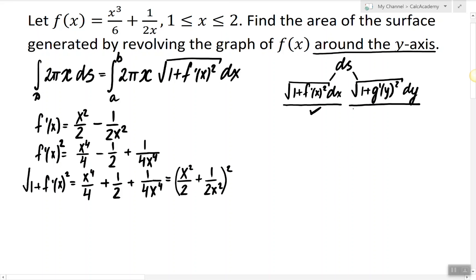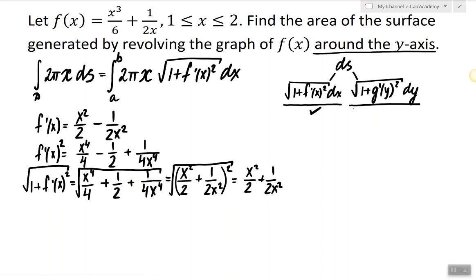That means after we take the square root of this, we'll end up with the absolute value of x squared over 2 plus 1 over 2x squared. But since this entire expression is always positive, there is no need for the absolute value notation. And now we are ready to set up the integral.